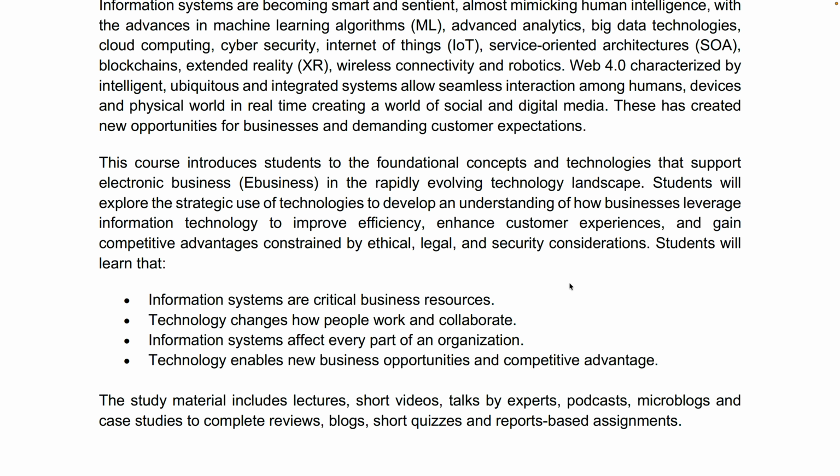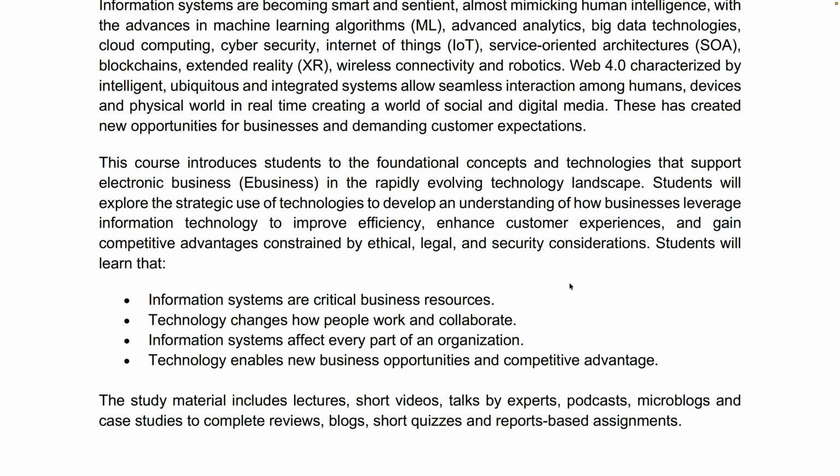And case studies, in-depth engagement in a specific type of business context and the role of information technology in those situations.